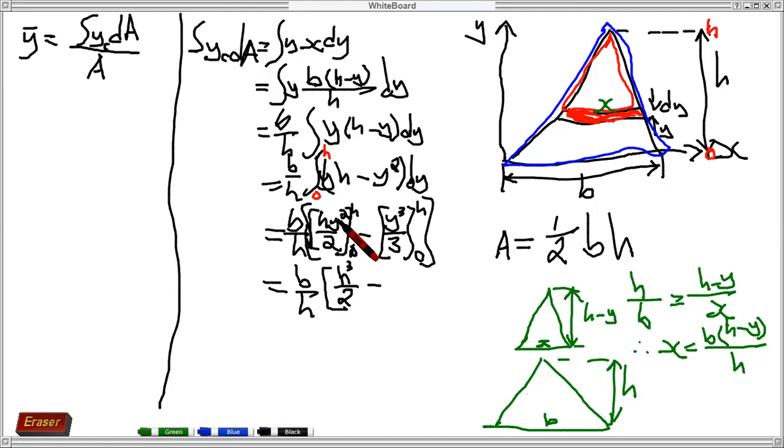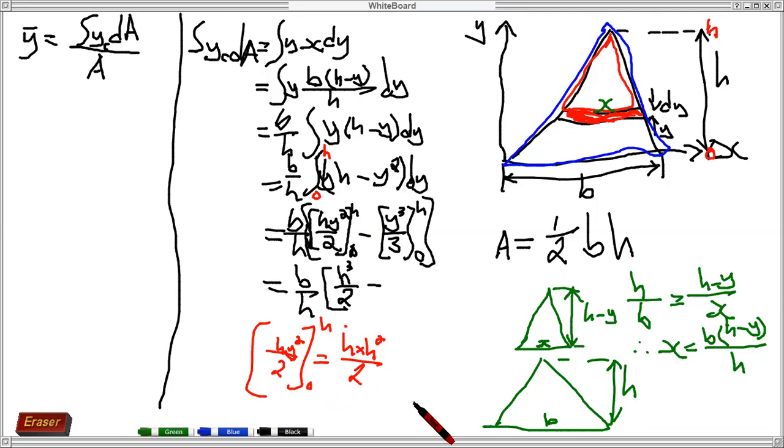Okay, here you have hy squared over 2. But remember, when you are doing this integration, we're going to have to substitute h back in. So we put in h, and this should give us h times h squared over 2, isn't it?